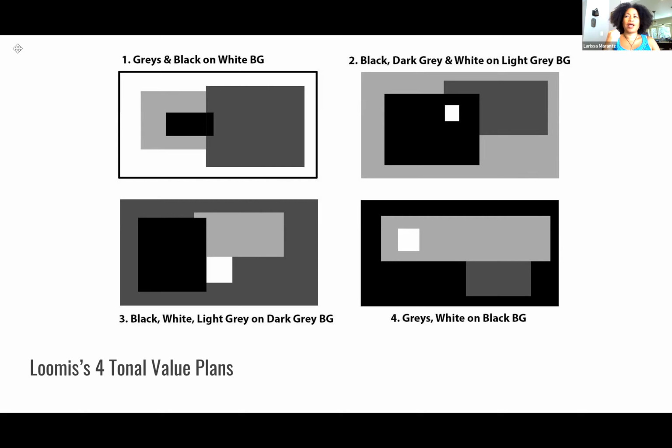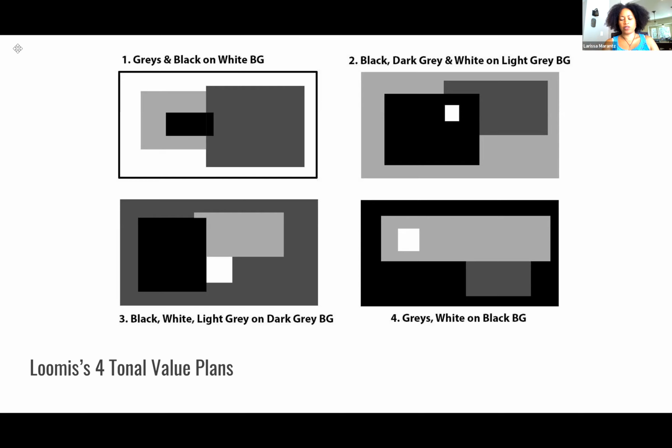Like high noon, an illustration where the light is directly above all the characters, and there's very, very little cast shadow because the sun is directly overhead. And the dark values are going to be few and far between. That might be the type of scene that you would use for grays and black on a white background.